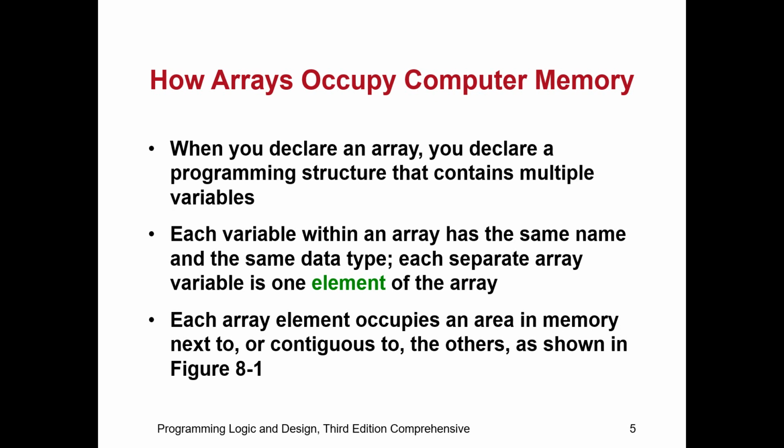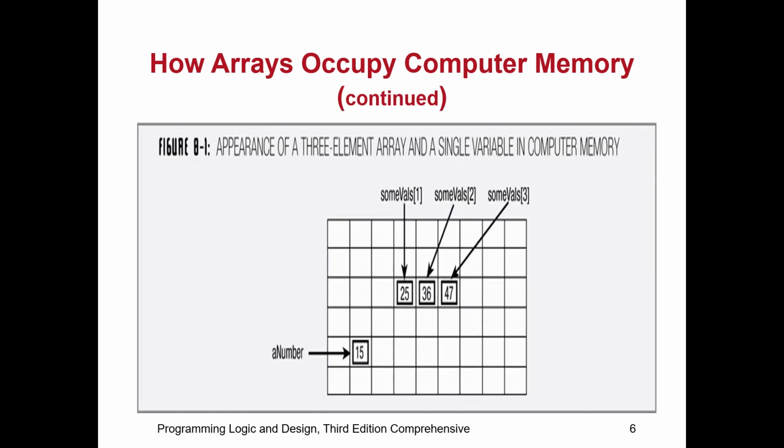Each separate array variable is one element of the array. Each array element occupies an area in memory next to or contiguous to the others as shown in figure 8.1.